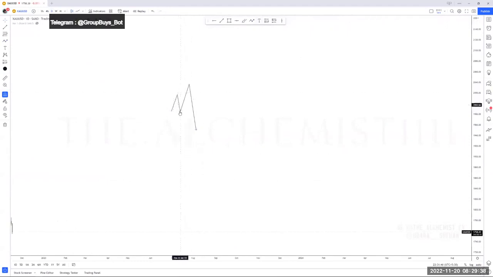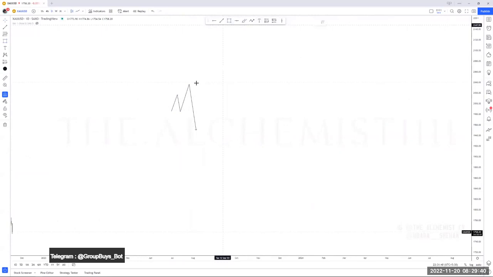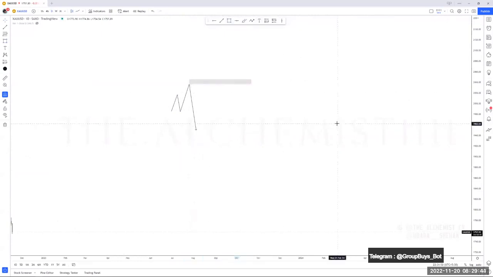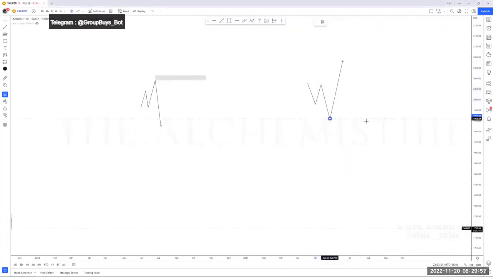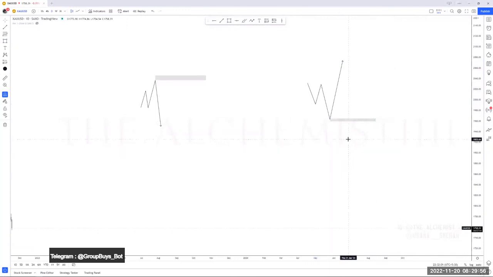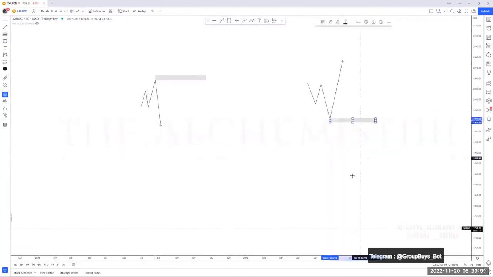A stop hunt and a breakout structure makes this a very strong resistance. And same thing, for it to be a strong support, it has to do this. We have to have this formation in here. Can you understand that? So this is what makes it a strong resistance and a strong support.